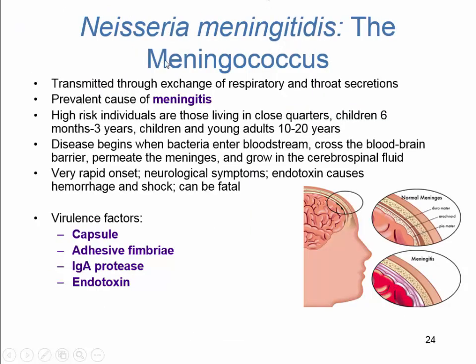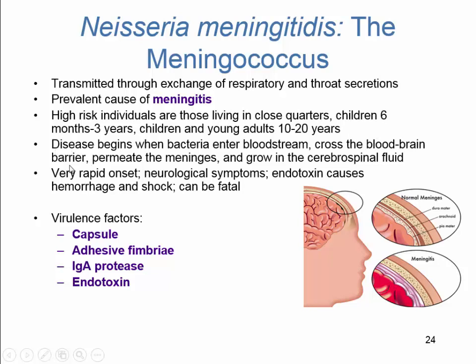Neisseria meningitis causes the disease meningitis, so inflammation of the meninges. It is most commonly spread through the exchange of respiratory droplets, throat secretions. It is spread to high-risk individuals who are living in overpopulated areas with close quarters, especially those that are children or even young adults.